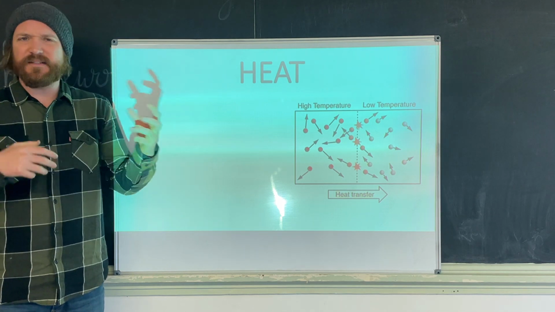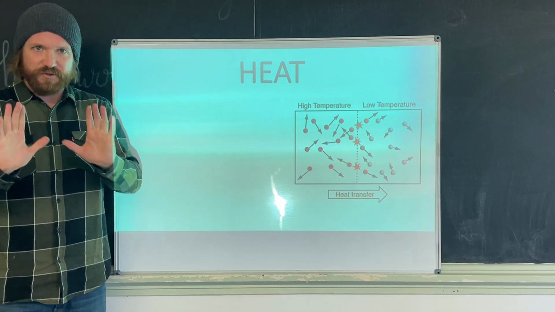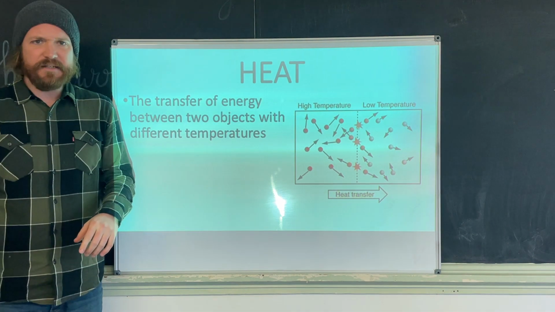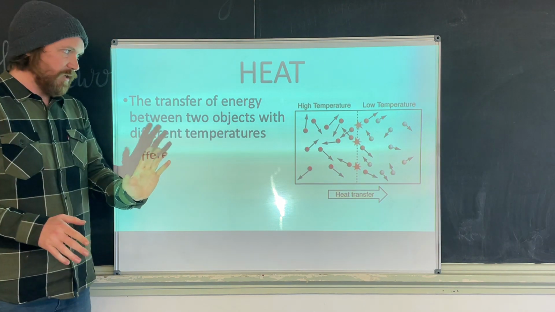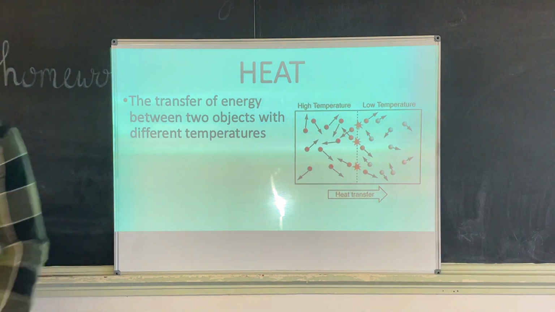Now again, heat is a weird thing to put a definition to, but I tried to make it as simple as I can, okay? What is heat? Heat is the transfer of energy between two objects with different temperatures, all right?